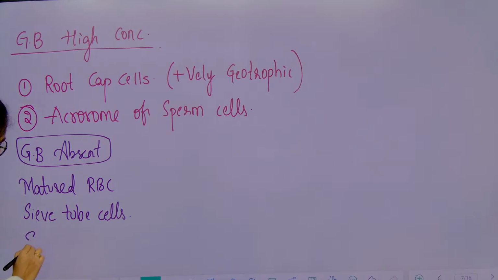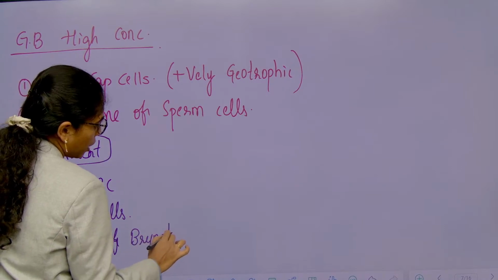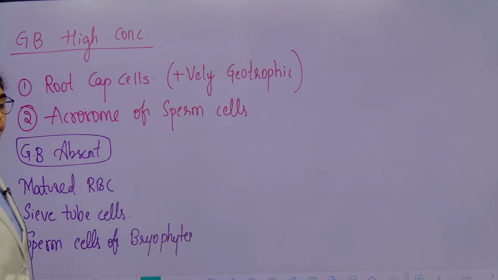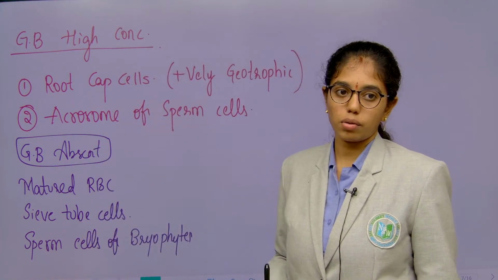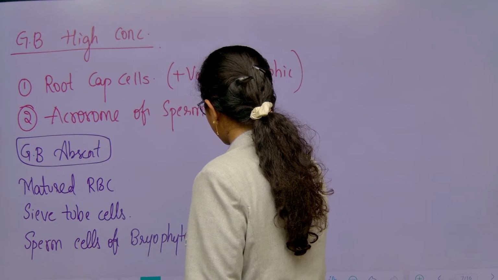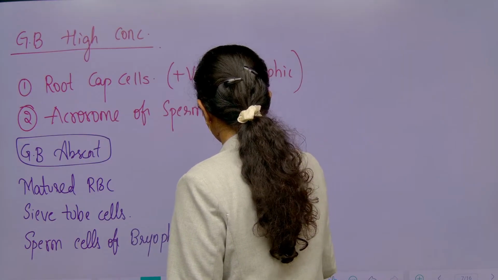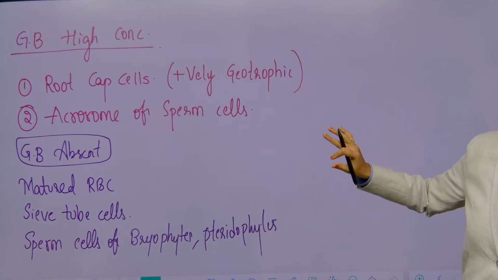And sperm cells of bryophytes and pteridophytes, which are nothing but antherozoids of bryophytes and pteridophytes. Whichever points you feel are fresh and new to you, please take them down in the NCERT or in sticky notes or your running notes. This is based on the presence and absence of Golgi bodies.